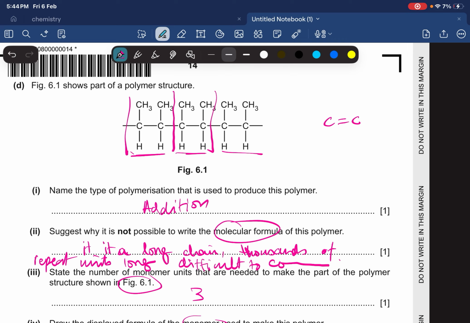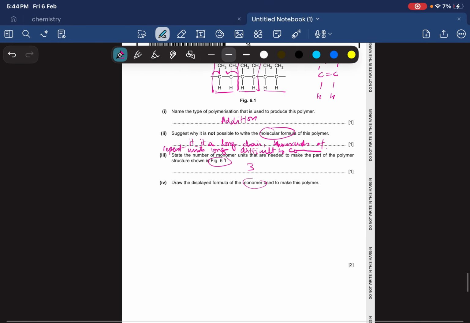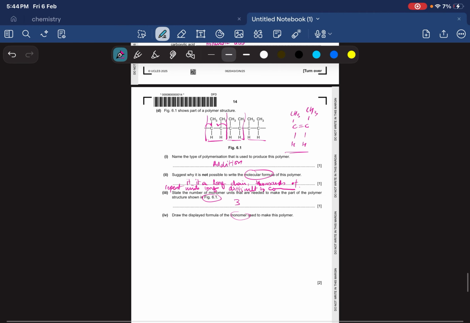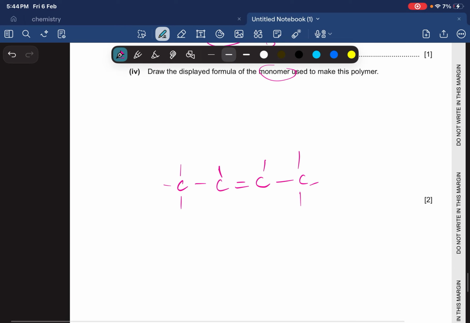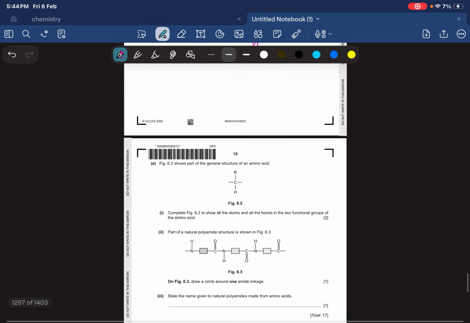Extend the bonds inwards like this. CH3 upwards, CH3 upwards, and then there's an H, and then there's an H. Now we draw the displayed formula for this: it's a CHH, then a C double bond C, then again a CHH. And that's butene. Done.